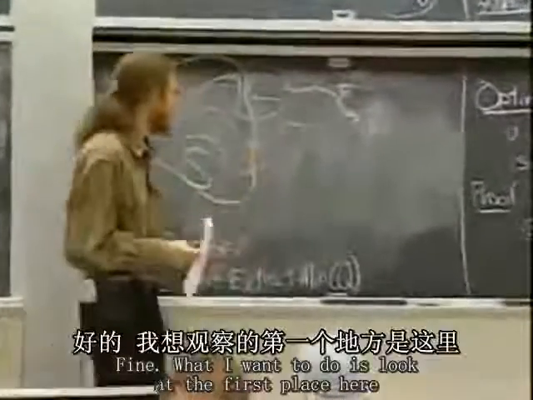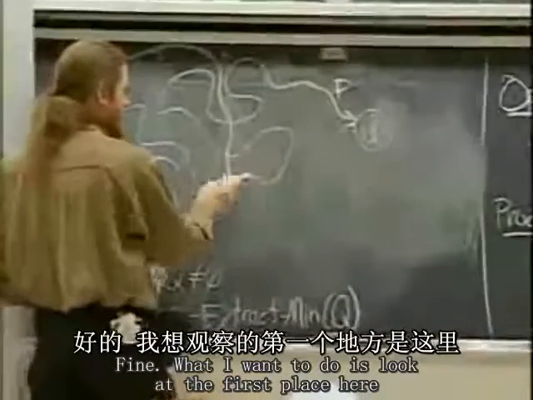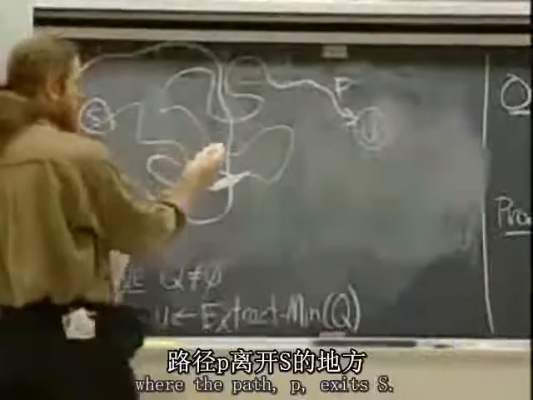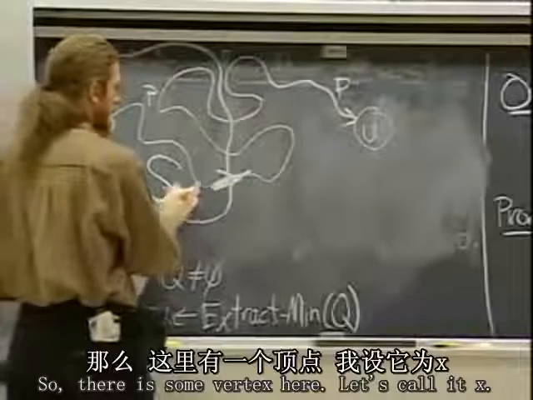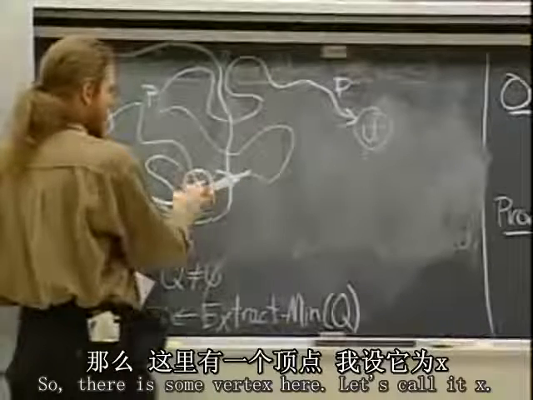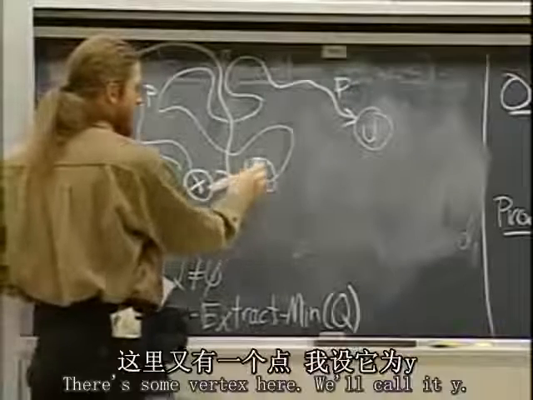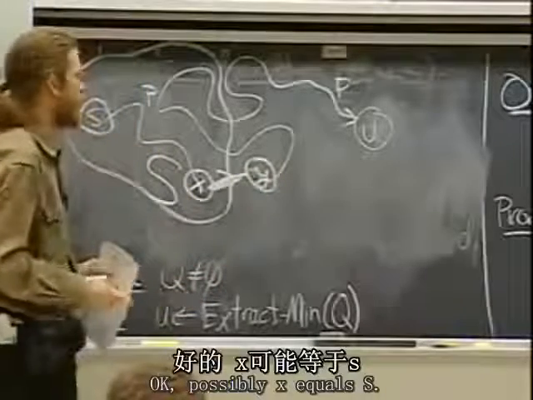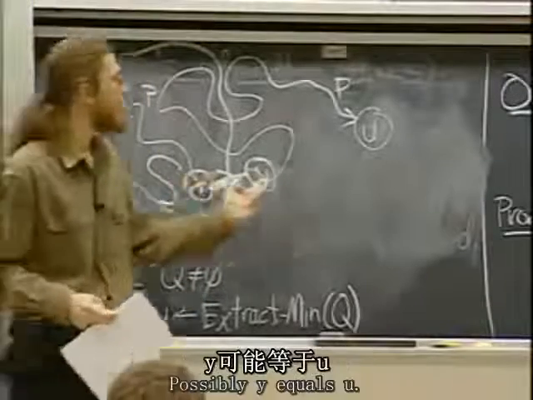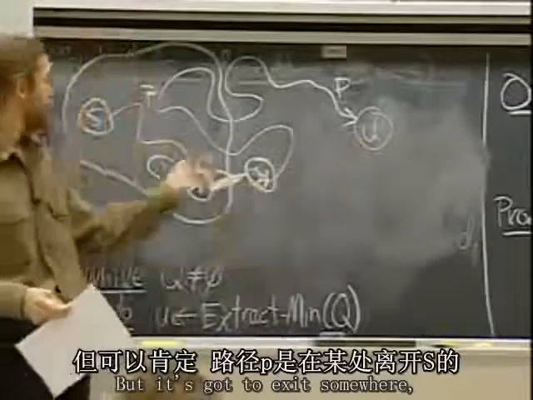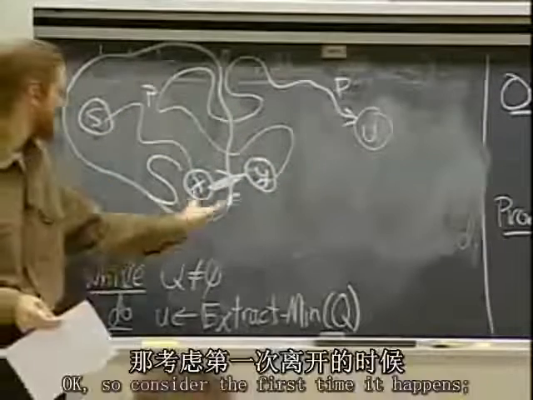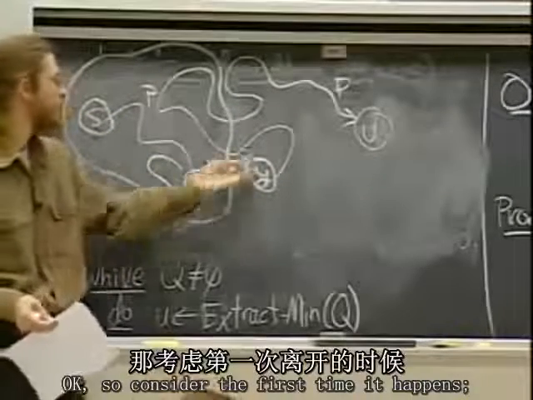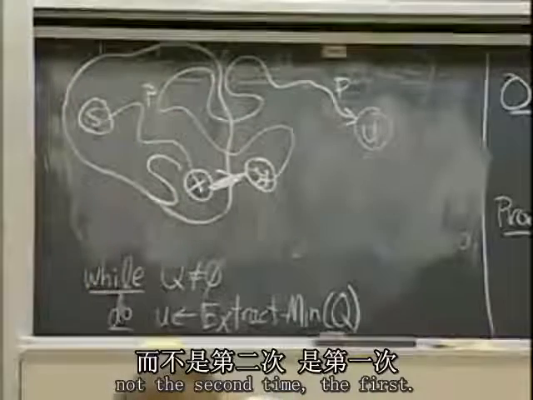Fine. What I want to do is look at the first place here where the path p exits S. So there's some vertex here, let's call it x. There's some vertex here, call it y. Possibly x equals s, possibly y equals u. But it's got to exit somewhere, because it starts inside and it ends up outside, and it's a finite path. So consider the first time it happens, not the second time, first.